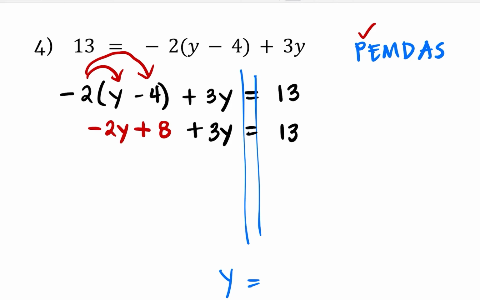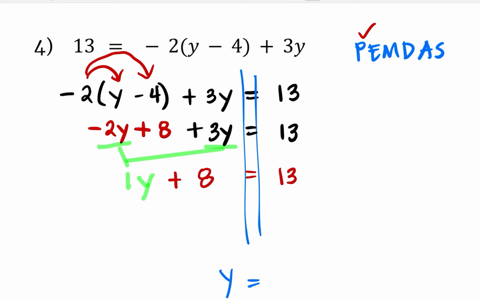Always double check if there's something that can be combined, and I am looking at negative 2y plus 3y. So this makes positive 1y. And then we're going to drop the positive 8 equals 13.